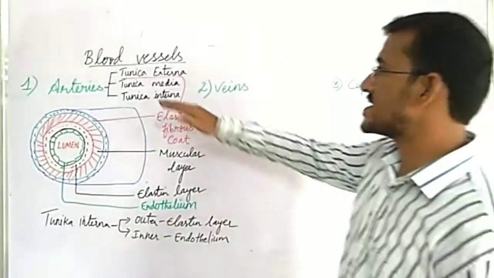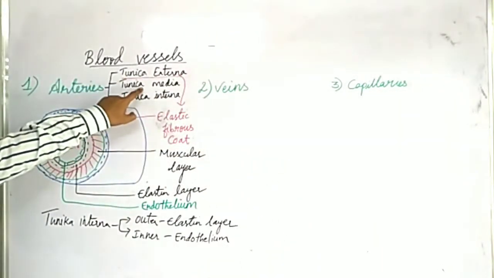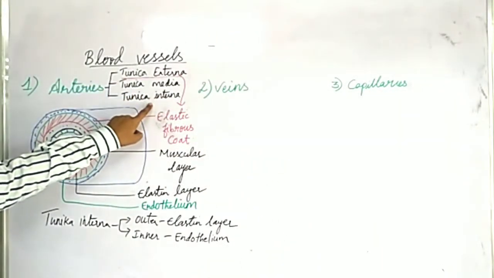So artery is made up of 3 layers: outer tunica externa, middle tunica media, and third one is tunica interna.